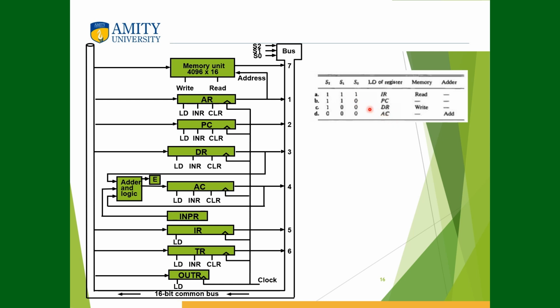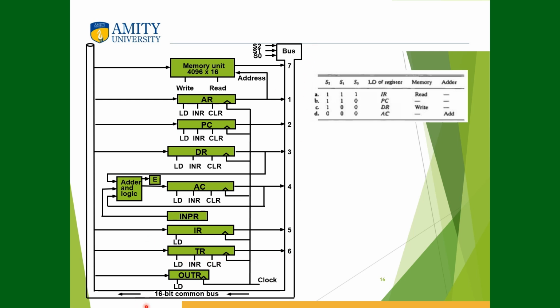In this way we can find out the register that will be working at 110, where 110 stands for 6, which is the temporary register.